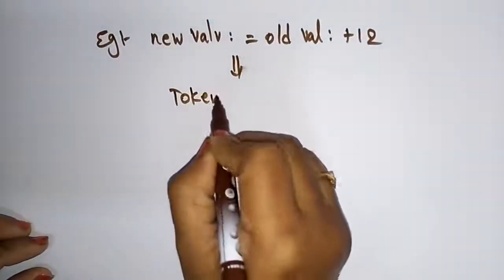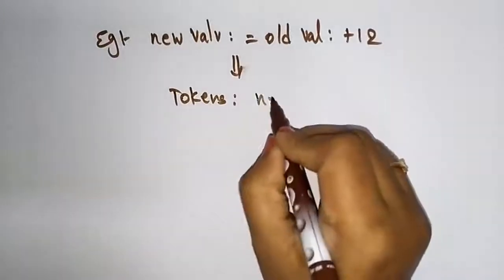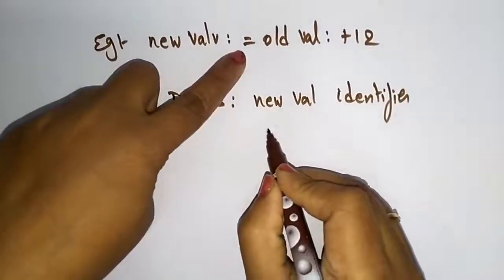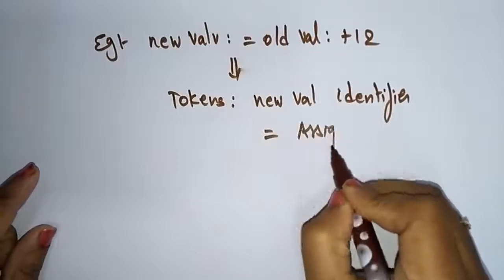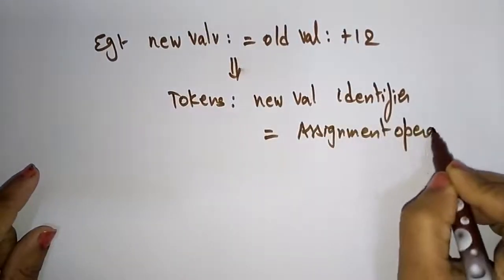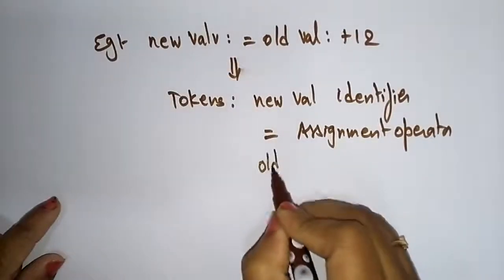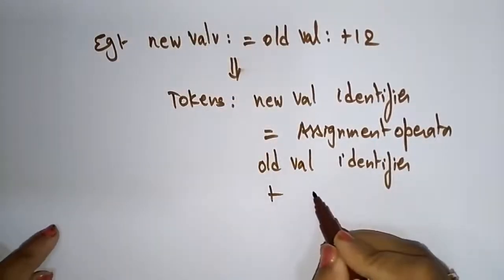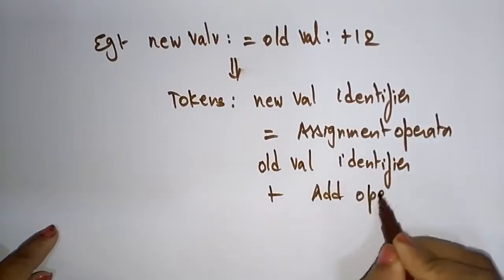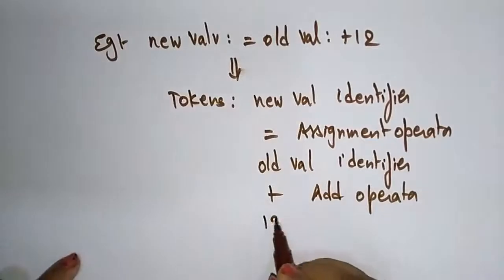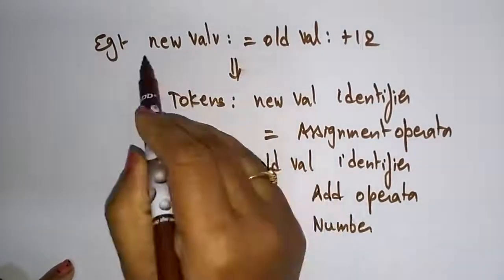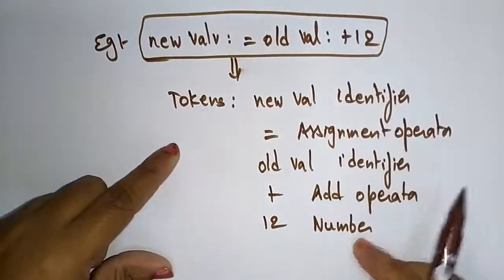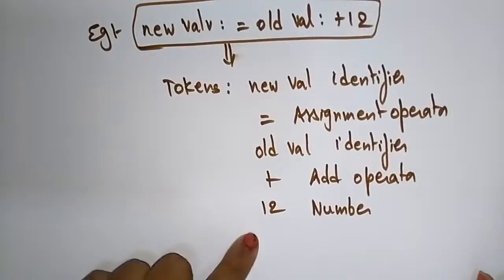New value is an identifier, equal to is the assignment operator, old value is another identifier, plus is the add operator, and 12 is a number. Each one is represented as a token.